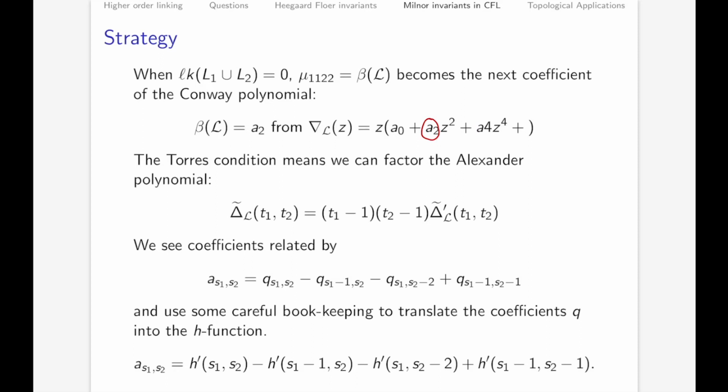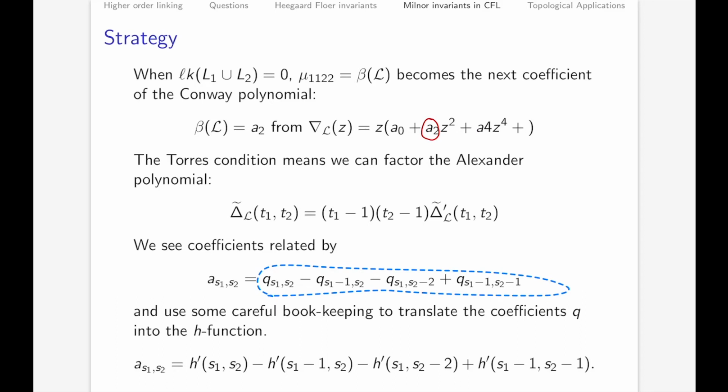The Torres condition is a statement about how the Alexander polynomial of a sublink relates to the Alexander polynomial of the entire link. So from this equation, we see that the coefficients of the Alexander polynomial are related to the following sum of coefficients. And you use a little bit of pattern recognition and see that this is starting to look like the pattern that we saw with the h function from before.